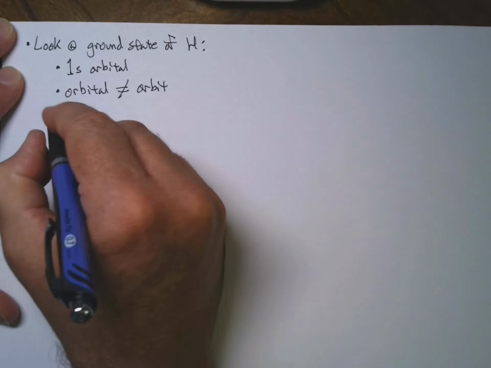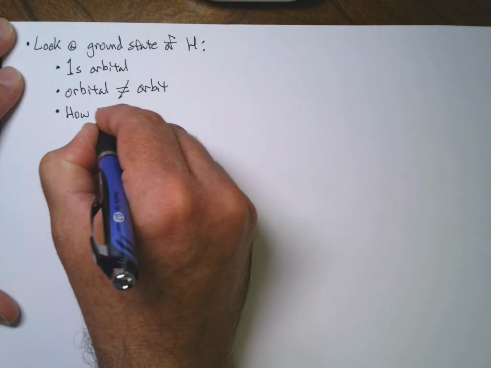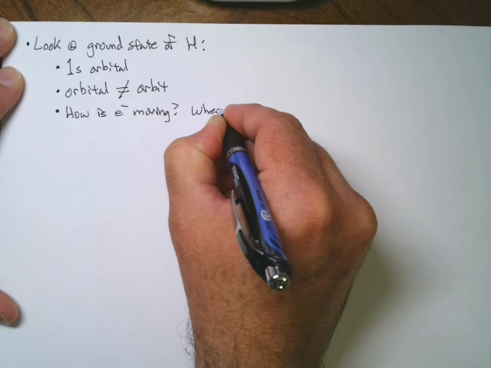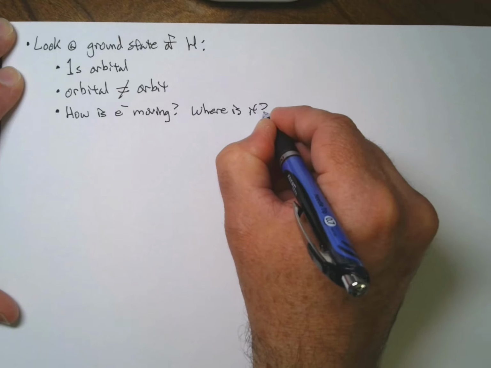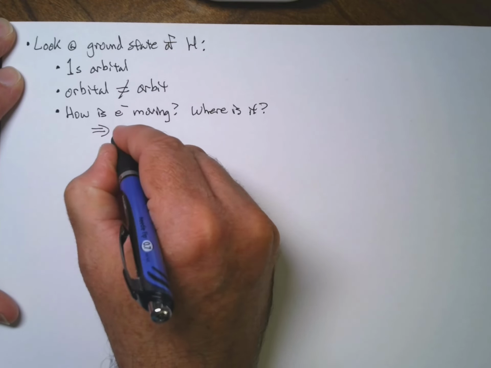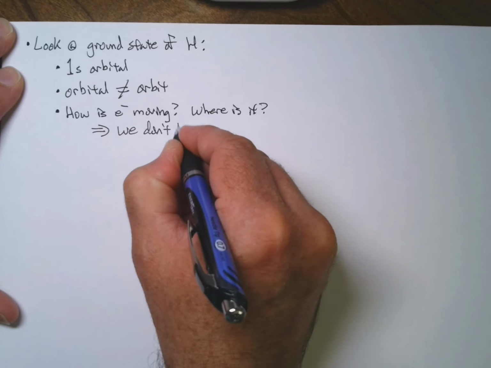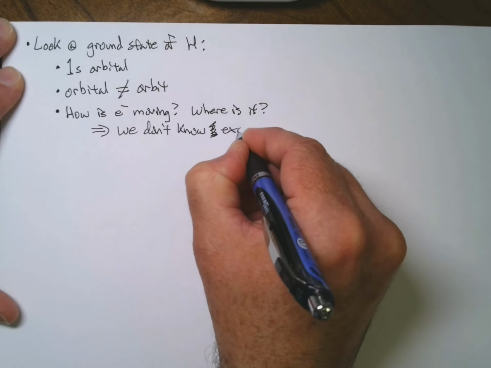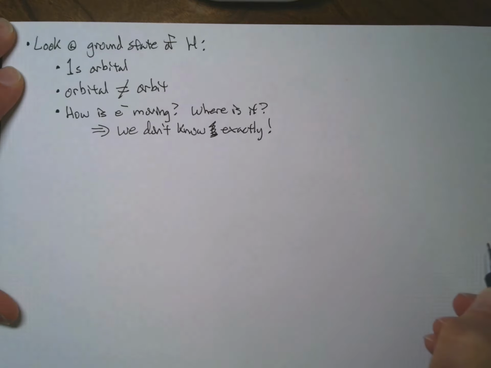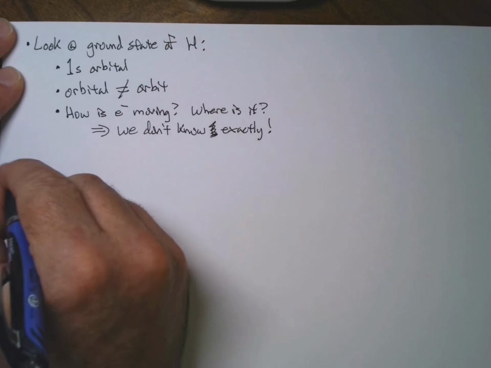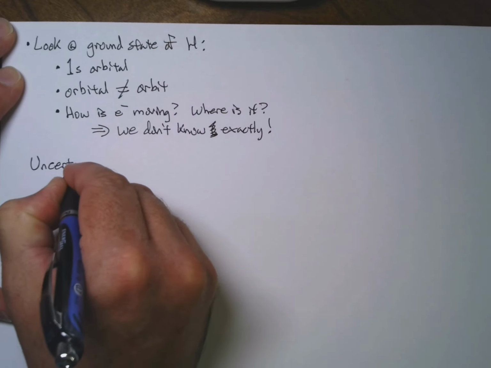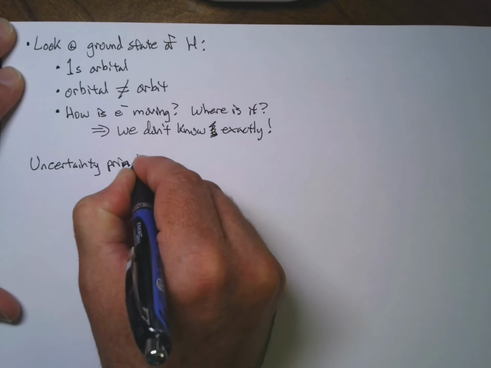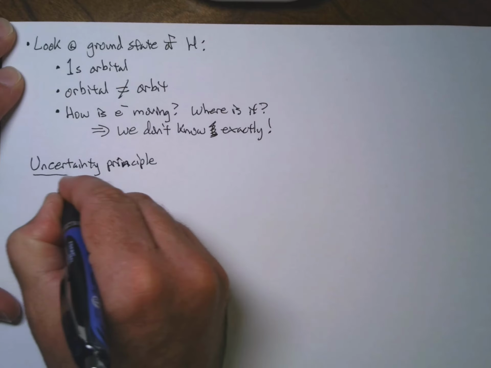And then we have the question of how is the electron moving? Where is it? And the answer is we don't know. We don't know exactly. And that's due to what's known as the uncertainty principle, also called the Heisenberg uncertainty principle.